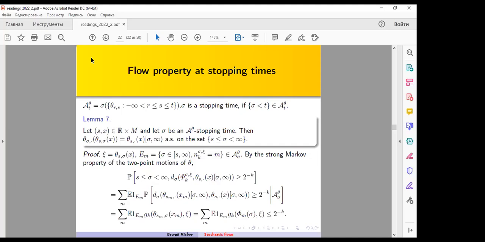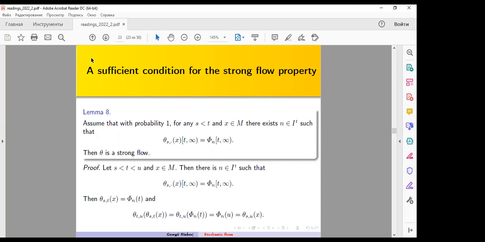Again, psi denotes theta_s sigma of x, and we look at the approximation of theta. This is phi sigma x_k, and here we need to use the strong Markov property.